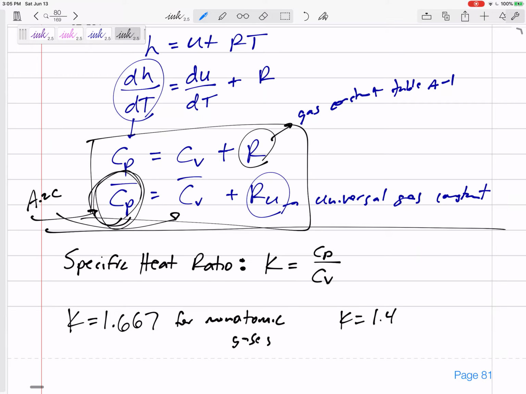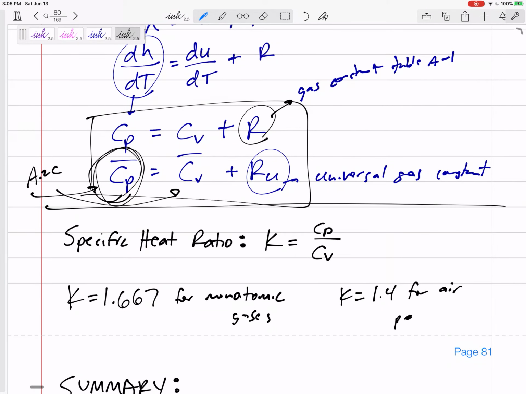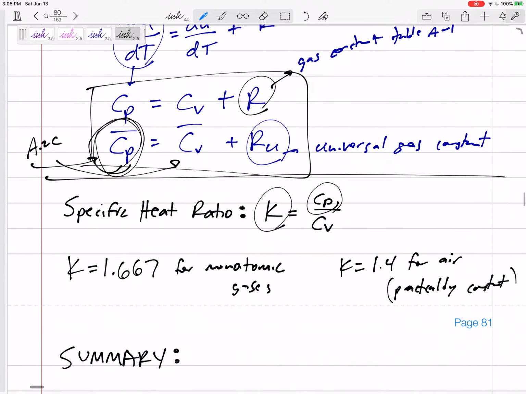K is 1.4 for air, and it's practically constant at any temperature. So again, if you know Cp and K, you could get Cv a few different ways.